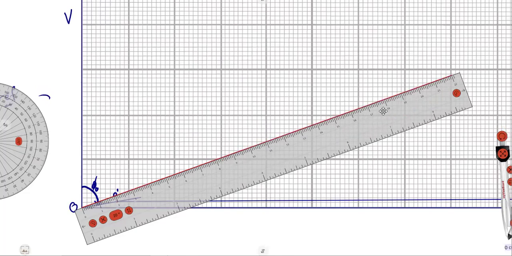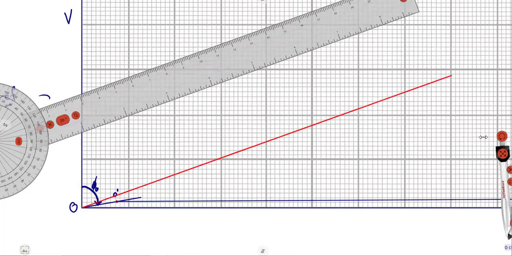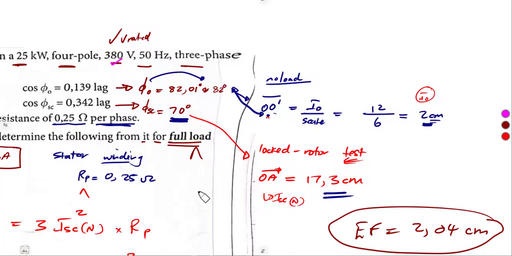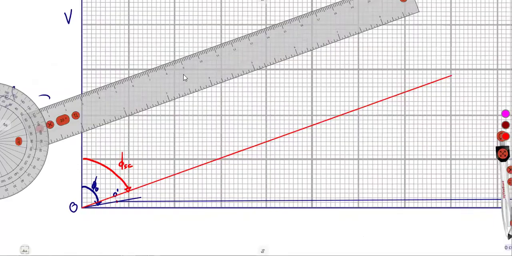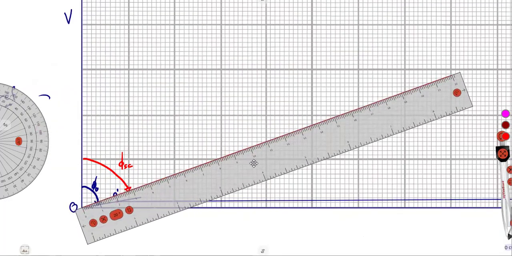So let's join. So this is it. Along the angle that we have for the 70 degrees that we are given. I mean, it was for the short circuit angle, which is 70 degrees. So that is for the short circuit. Then we can measure the length from point O to A, 17,3 centimeters. We already have that corresponding vector.